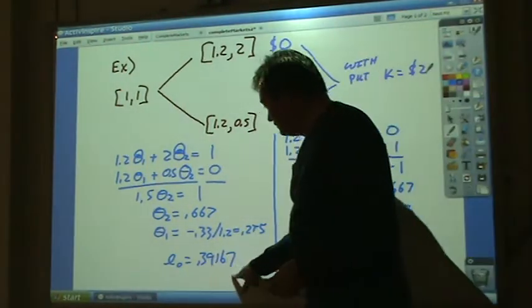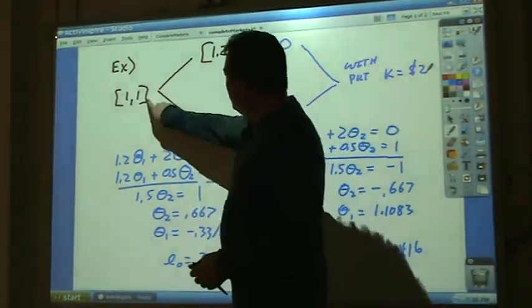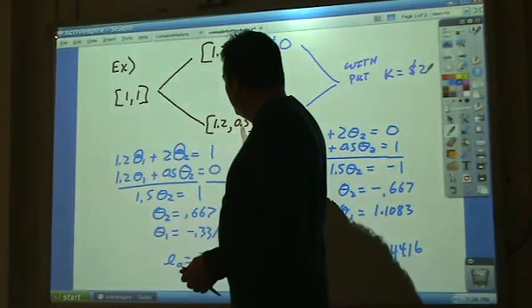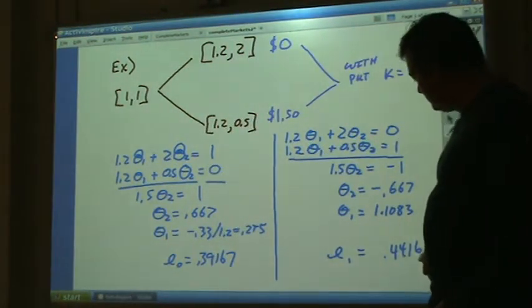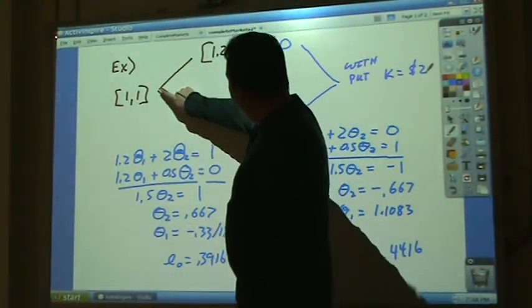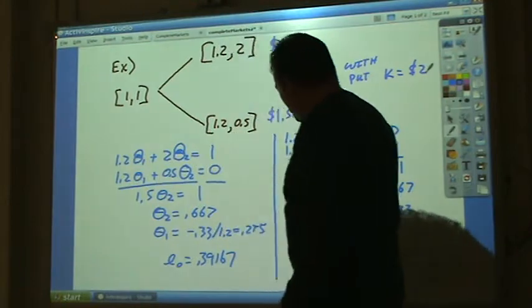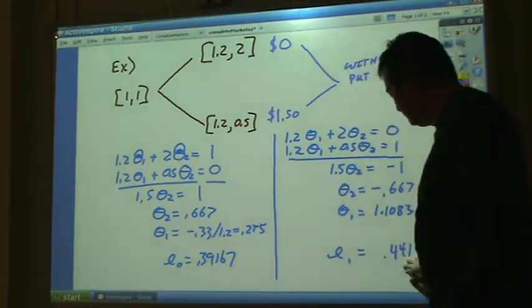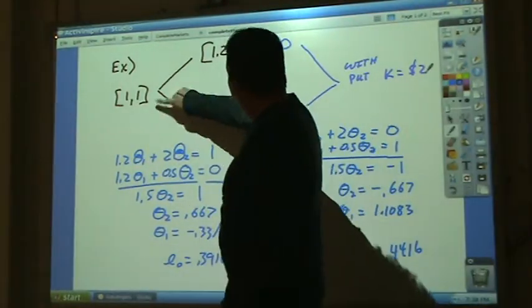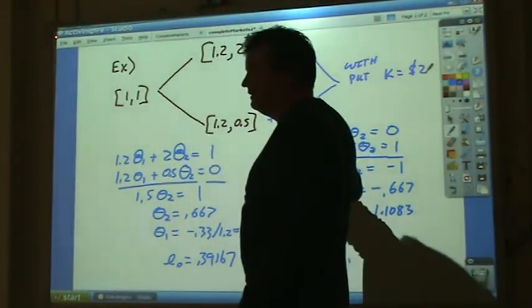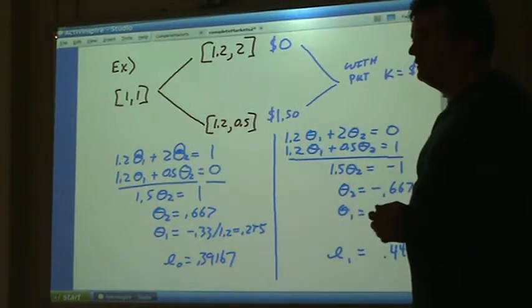The first elementary security says you pay 39 cents right now and you get either $1 or 0. The second elementary security says for 44 cents, you will either get 0 or $1. Can we buy a combination of these two securities in any amount we want that has a payout of 0 or $1.50? If we can, then we've exactly replicated the $2 put option.